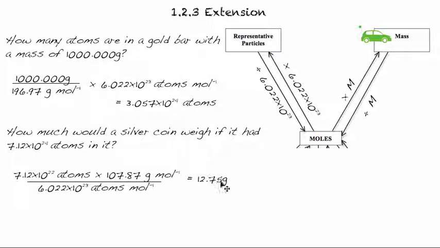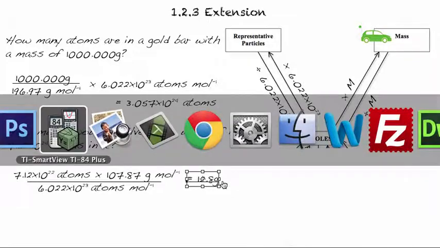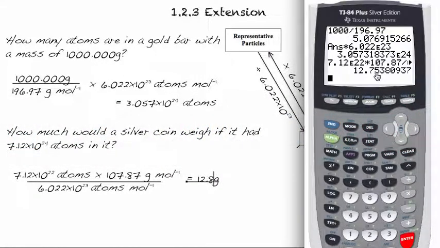Now again, you want to make sure your significant figures are always correct. Here we were multiplying and dividing, so we have to use the least number. Here had 3, here had 4, here had 4, so we have to use 3. So we round this to 12.8. Let me just check here, 12.753, yeah, that will round to 12.8.